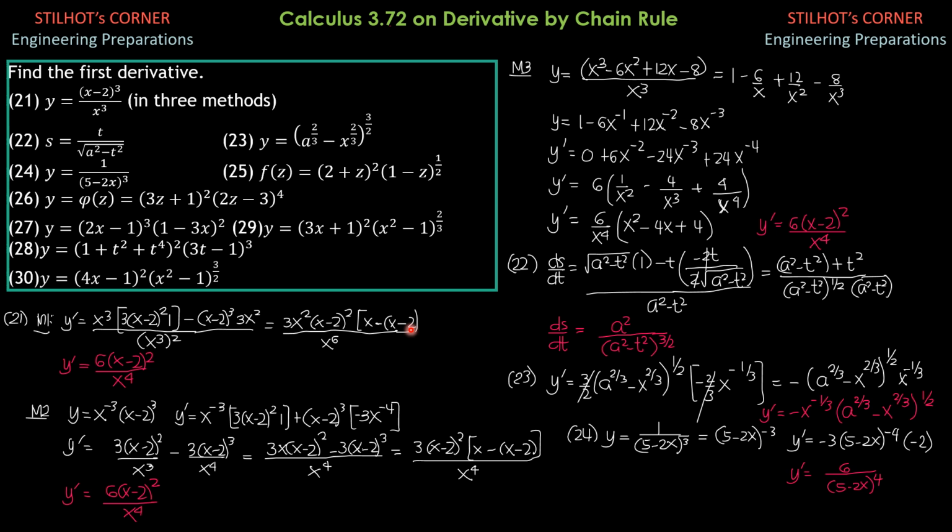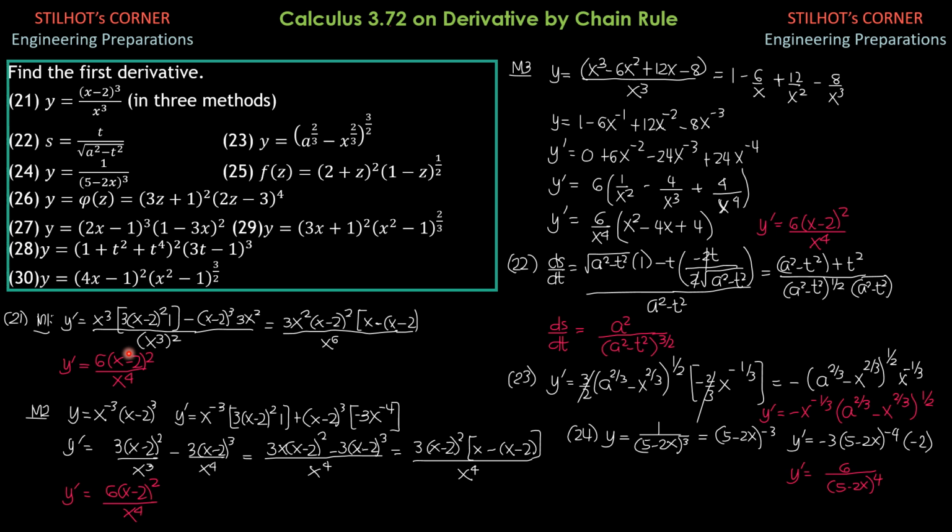So simplifying this, take note that the simplified expression here is equal to positive 2. So positive 2 times 3 is 6. Then we have x minus 2 squared, because we can cancel x squared, leaving the expression in the denominator equal to x to the fourth. So that's it. That's the first method.